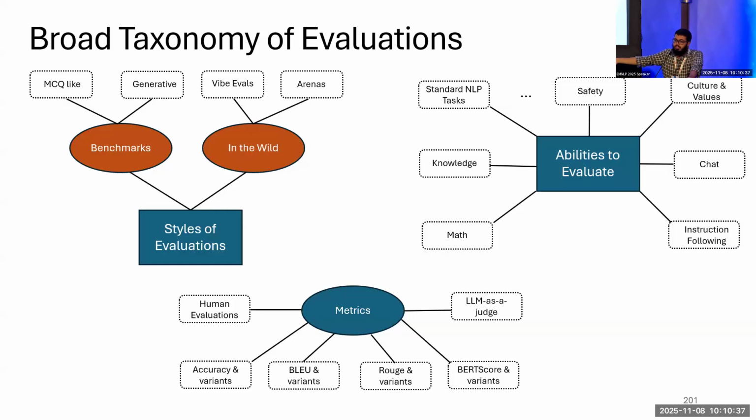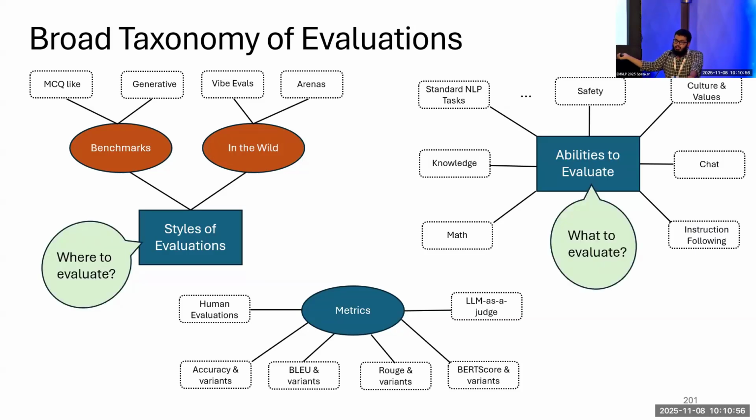You've got ROUGE and variance. You've got embedding based metrics like BERT score and variance. And finally, something that's quite popular nowadays, that's the LLM as a judge approach. So these three things broadly capture the three main core questions that are responsible for evaluation. That is, where to evaluate, what to evaluate, and how to evaluate. And my intention in this is to cover all of these three things to some extent.